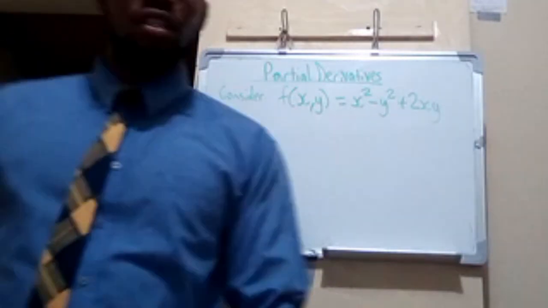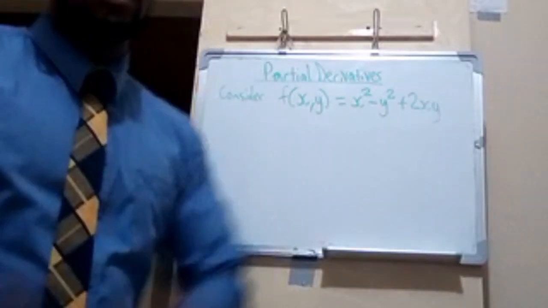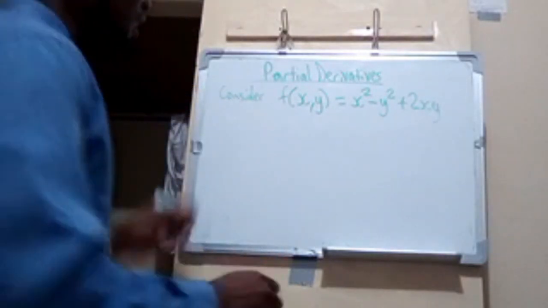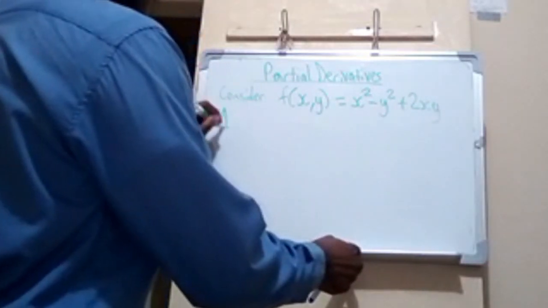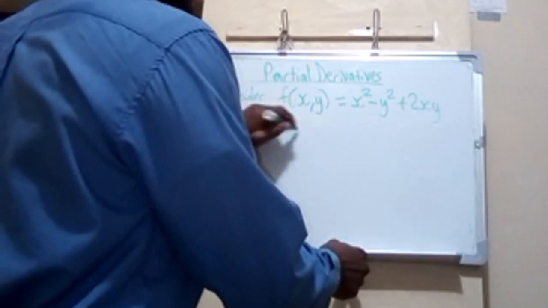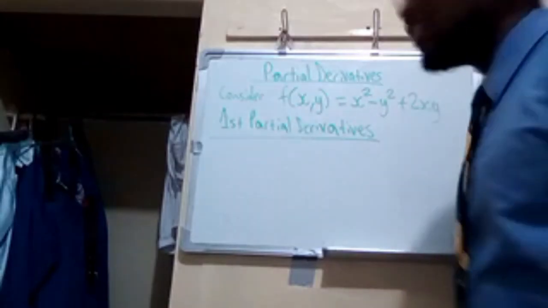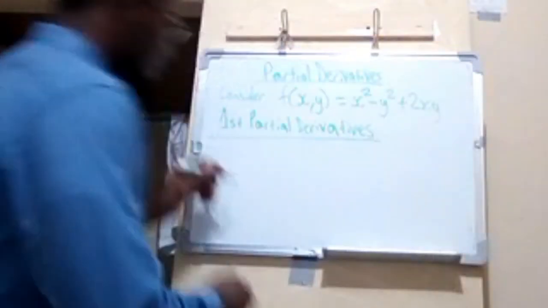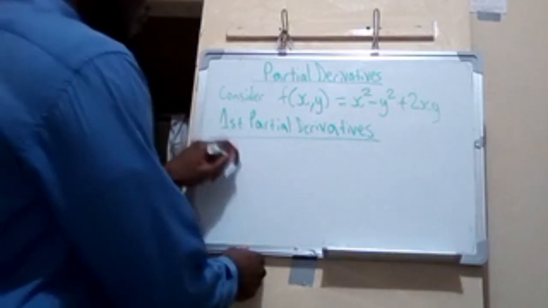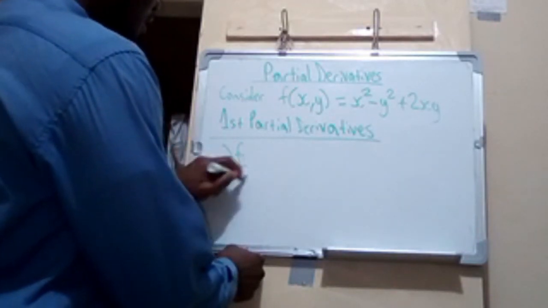So of course, you have what is known as the first partial derivatives. The first partial derivative is given by del f upon del x.